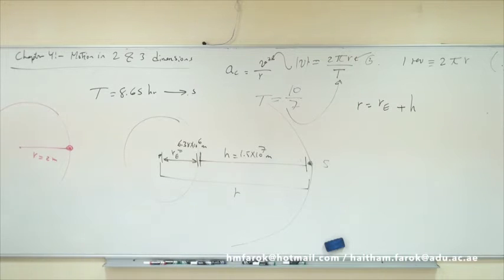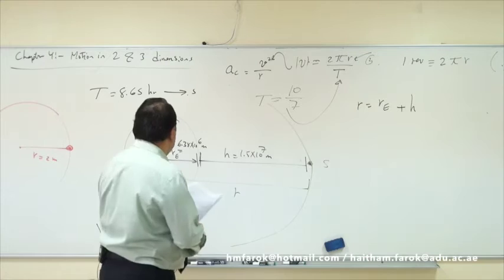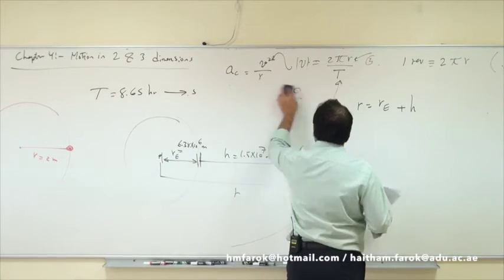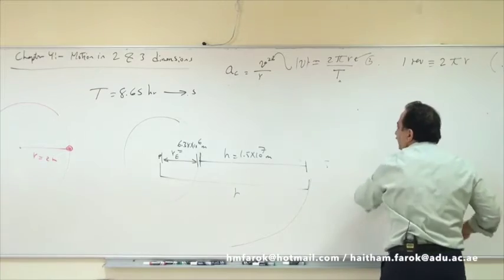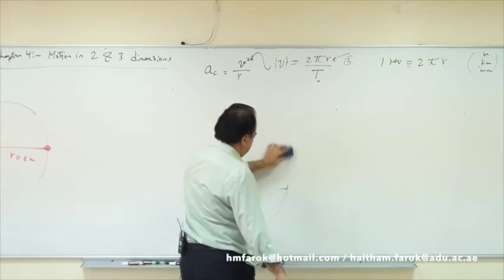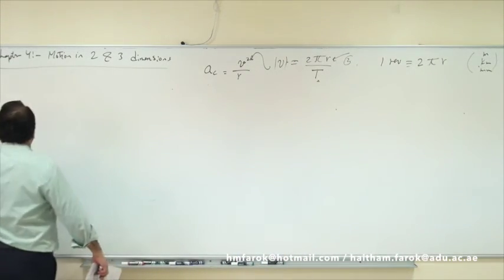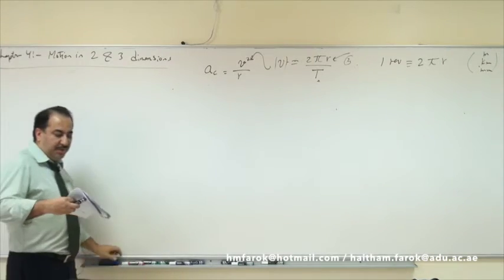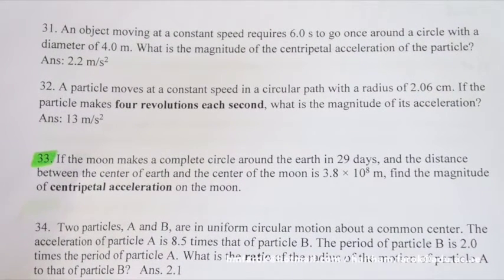Next question, 33. Question 33 says, if the moon makes a complete circle, look, the moon makes a complete circle, so what does it mean, complete circle? One revolution around the Earth in 29 days.